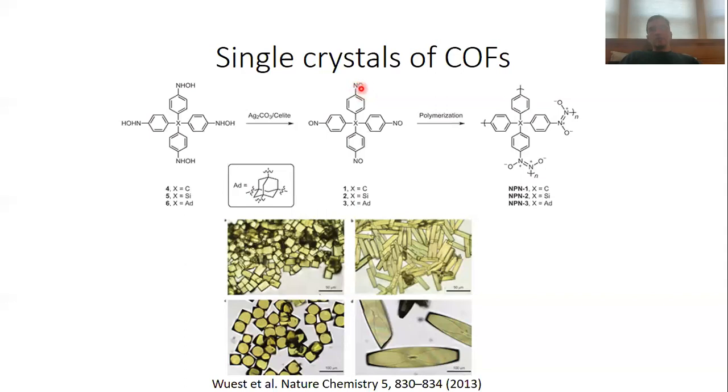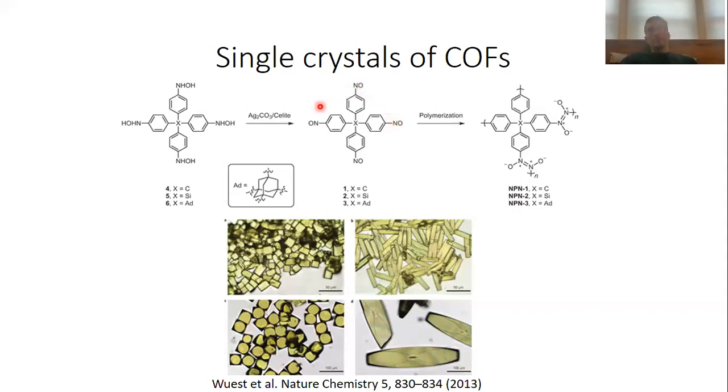Okay, and then these nitroso groups have the property that they can easily dimerize. You know that a simple NO molecule can easily dimerize to form N2O4, and that reaction is fairly reversible. And similarly, these organic nitroso compounds can easily dimerize in a reversible fashion.